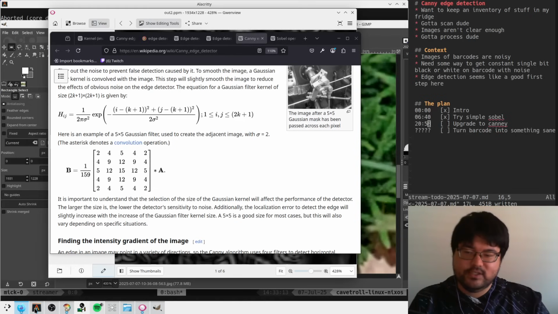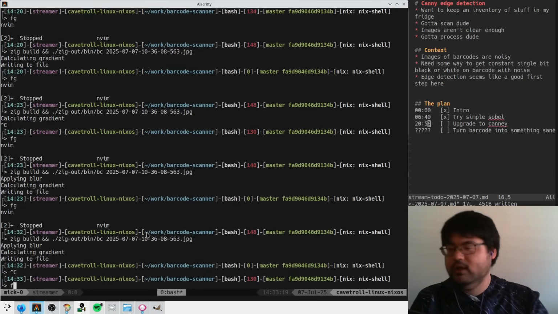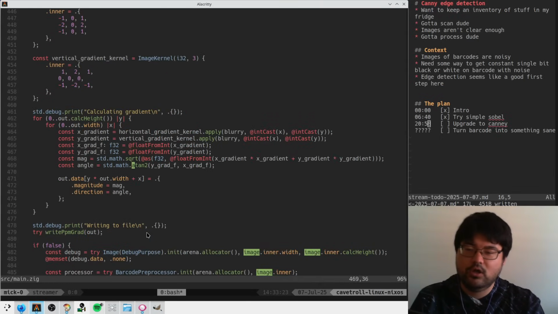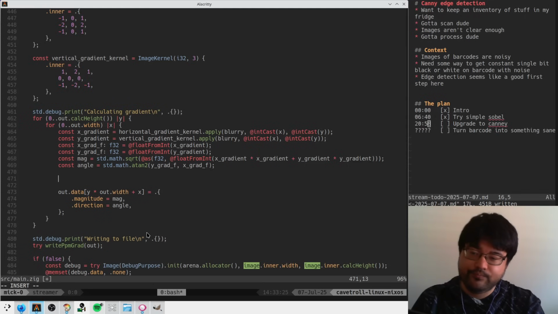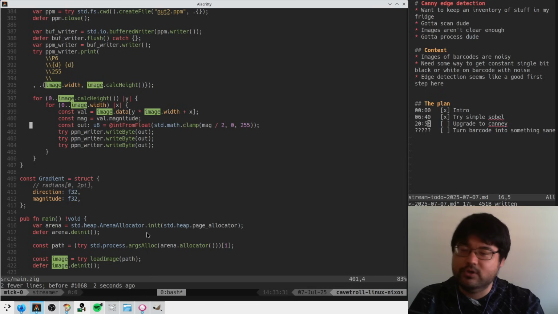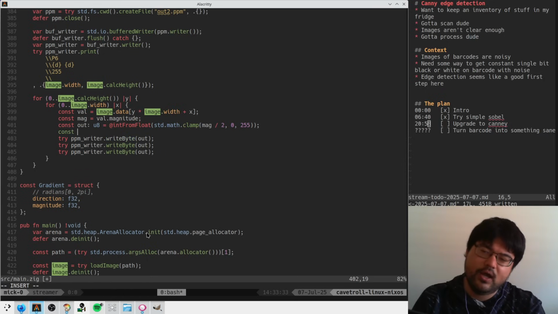So I guess we just do sine theta and cos theta, right? And slap that into the picture, probably. So here, where are we writing this? x mult is sine of the angle?